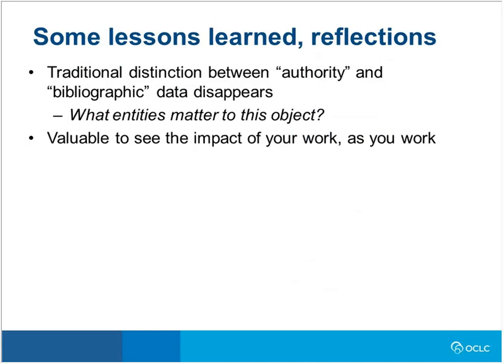It's valuable to see the impact of our work as you work. The translations are an example of that, where when you create it, you're saying this is translated from, but you can't actually see all of the translated intos until you look at that discovery layer that we used in Project Passage. It needs to interoperate with other sources.